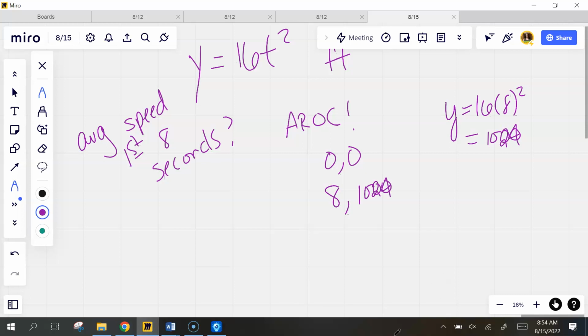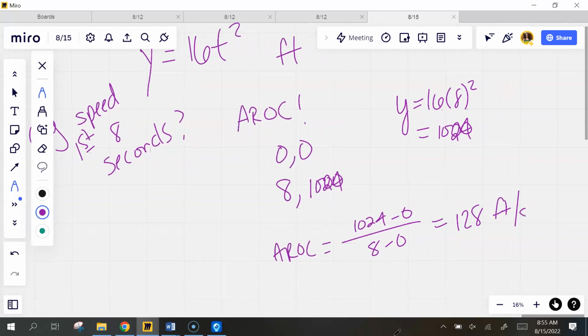All right, so my average rate of change is going to be 1024 minus 0 over 8 minus 0, which is 128 feet per second. Get in the habit of putting your units on there because you get points off if you don't include your units on the exam.